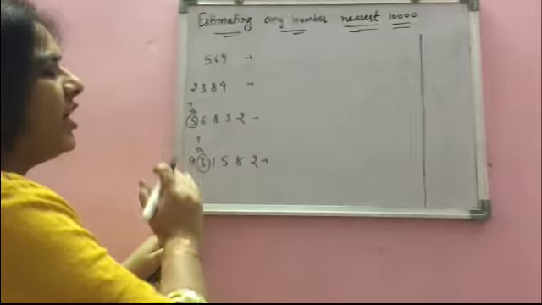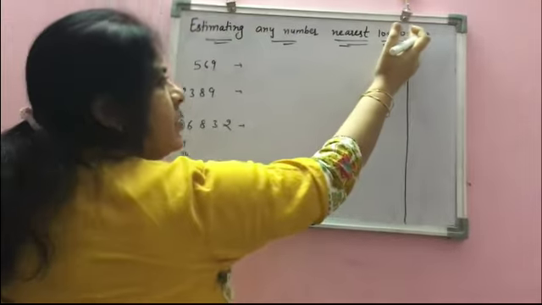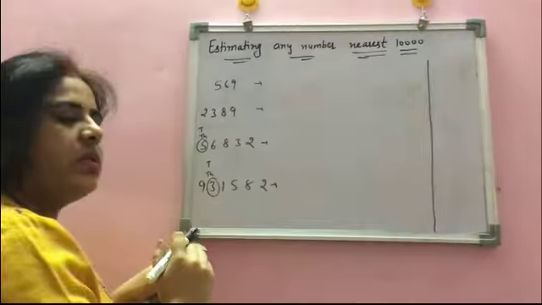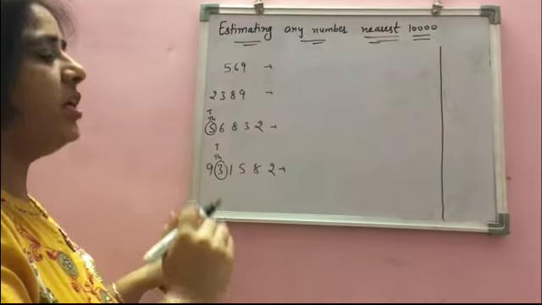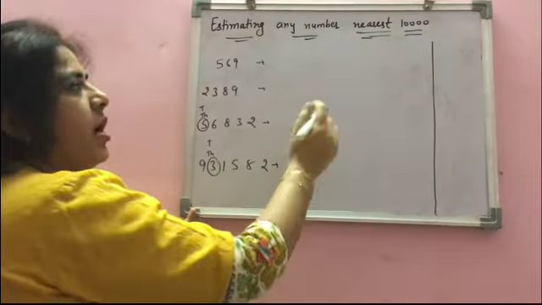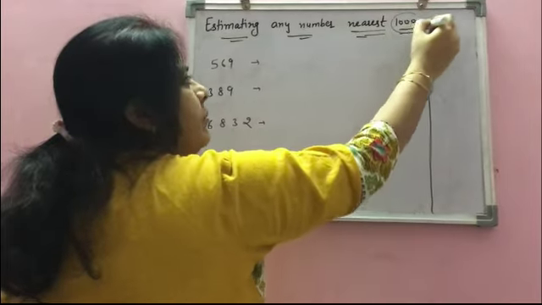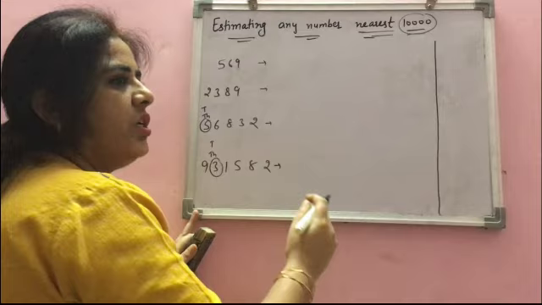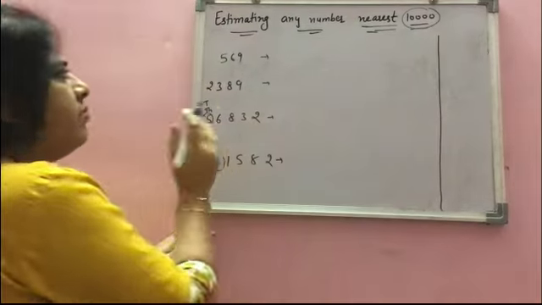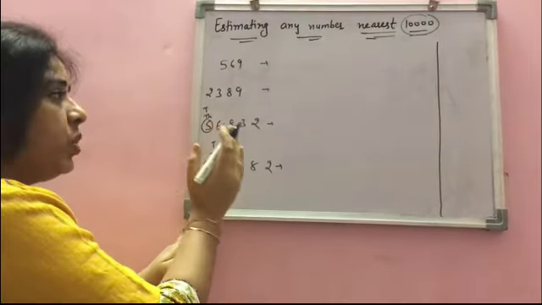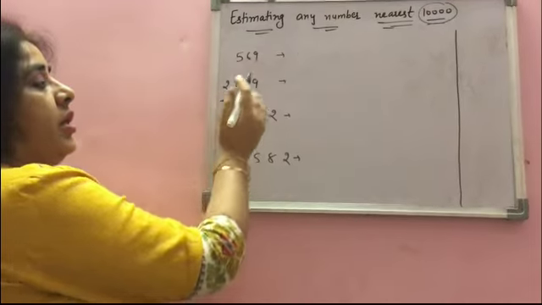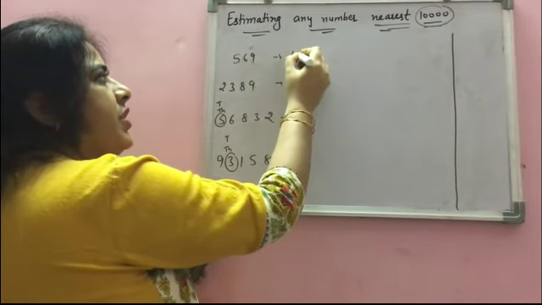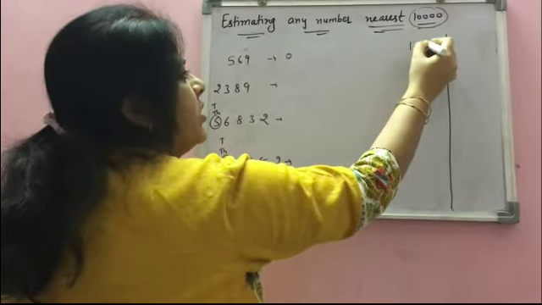Students, now we are estimating any number to nearest 10,000. In the same way, we will go with its multiples. Multiples of 10,000 are 0, 10,000, 20,000, like this. So if a number is single digit, 2 digit, 3 digit, it always lies between 0 and 10,000.